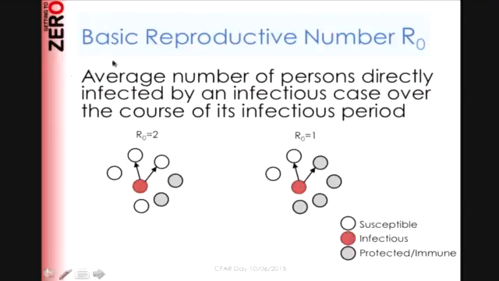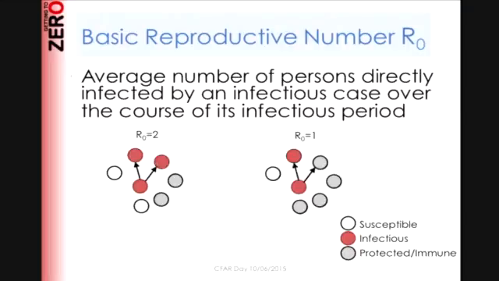The basis of any infectious disease model is the basic reproductive number, also known as R0, and its definition is the average number of persons directly infected by an infectious case over the course of its infectious period. What is crucial to understand is that this number, the R0, has to be greater than 1 for an epidemic to spread.